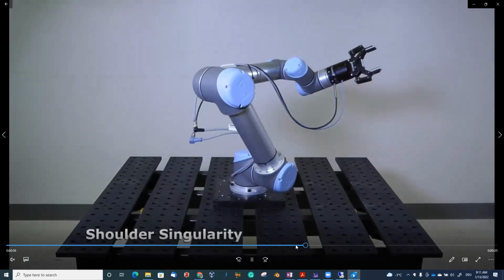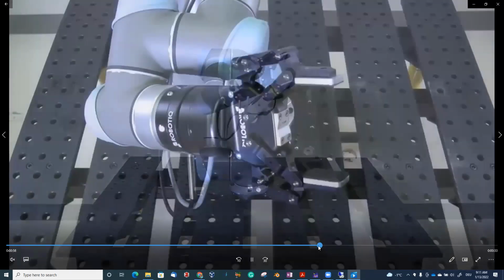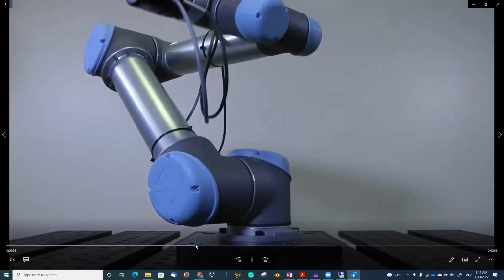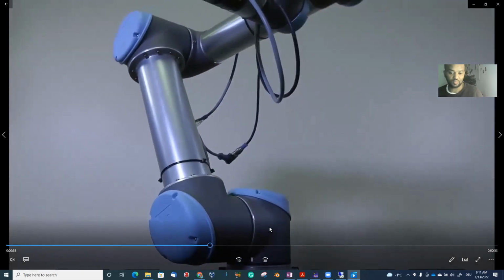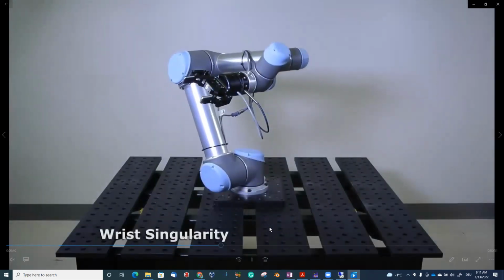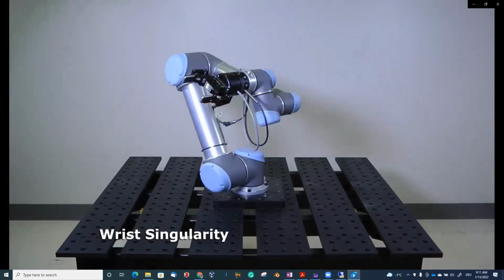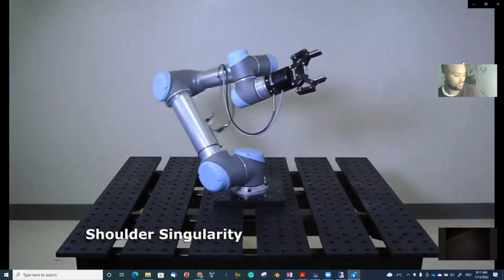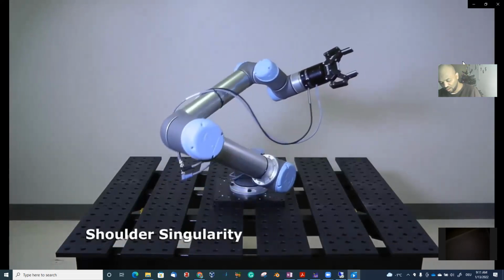Usually the robot should pick an object, as you said, and the robot doesn't know how to reach the object if a singularity happens. There is an undefined solution, maybe the programmer hasn't defined how to reach the object, or there are a lot of solutions.